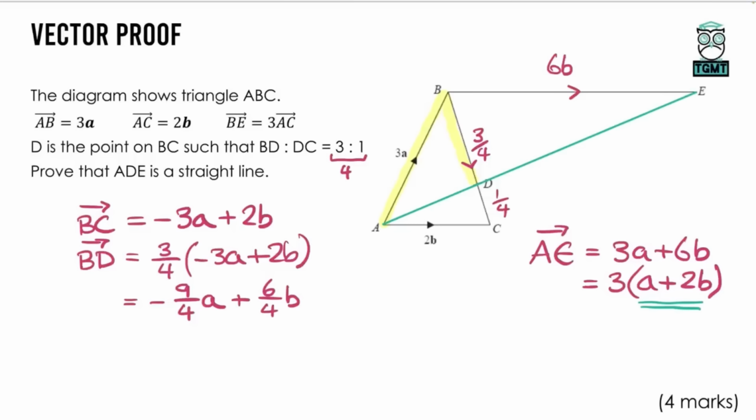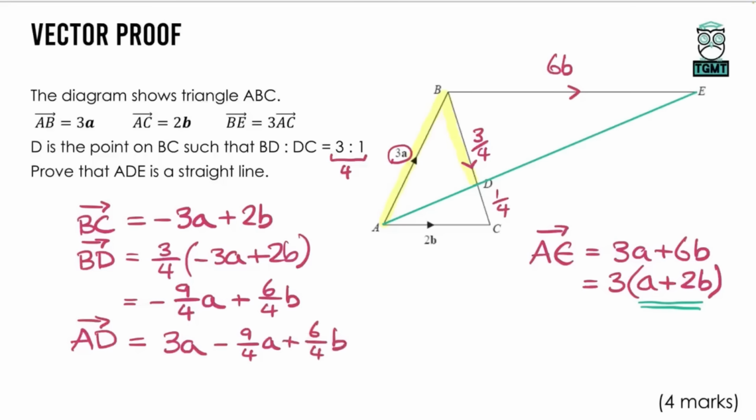Now I can get from b to d, I can get from a to d. So from a to d, all I need to do is add in that additional vector, that's a to b, 3a. So that additional vector here, 3a, allows me to get up to b, and now I already know the vector b to d. So for that one, I want to do 3a, and then I'm going to do minus 9/4 a, this is just the vector above, plus 6/4 b.